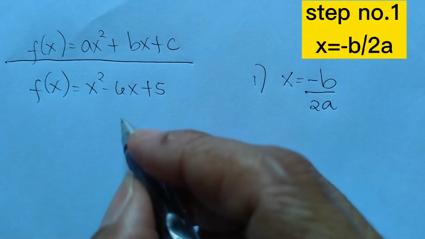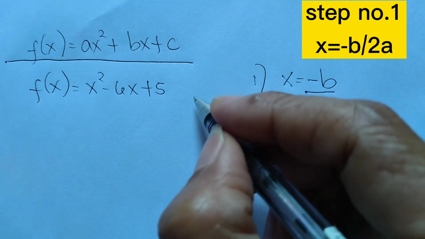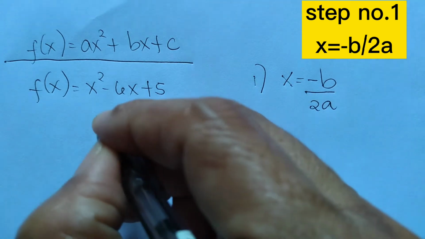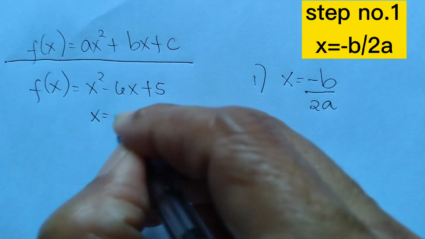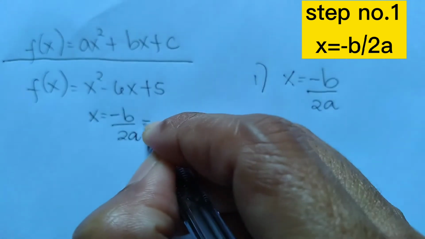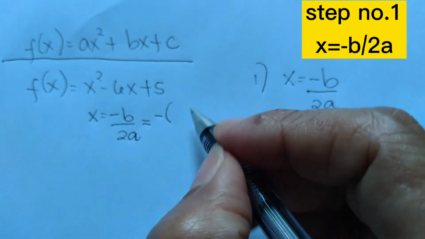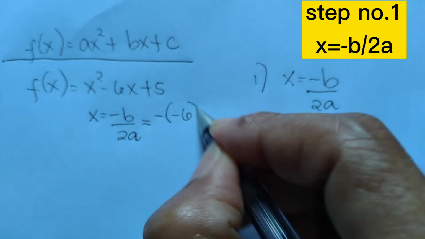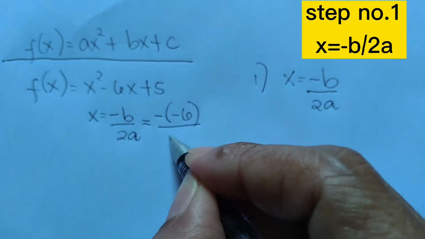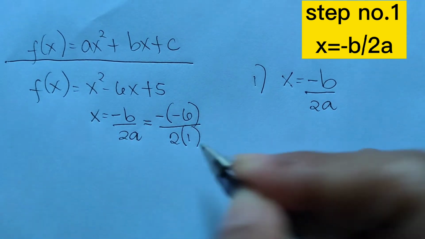So in here, our x value of the vertex is, we have x is equal to negative of b over 2a. So that is the negative of the value of our b, which is negative 6, divided by 2 times our a, which is positive 1.